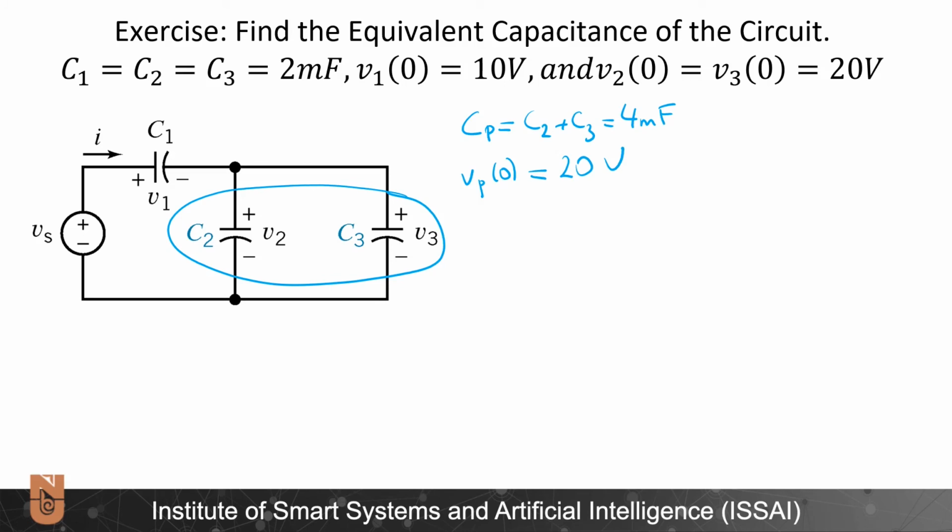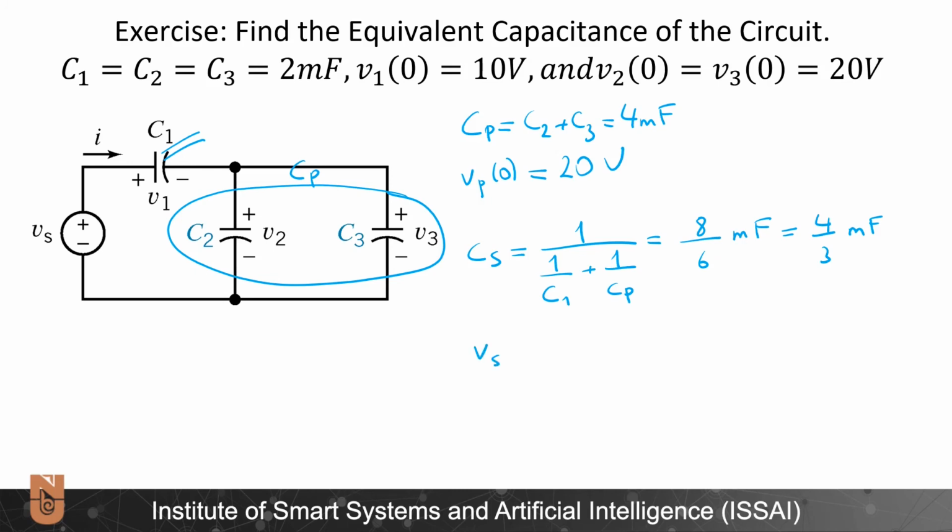Now I can see that C1 is in series with this new equivalent capacitance, and accordingly Cs, the combined series capacitance, might be 1 over C1 plus 1 over Cp, and this will be equal to 8 over 6 millifarads. So according to this, it will be equal to 4 over 3 millifarads. Now since they are in series, I will need to add the voltages.